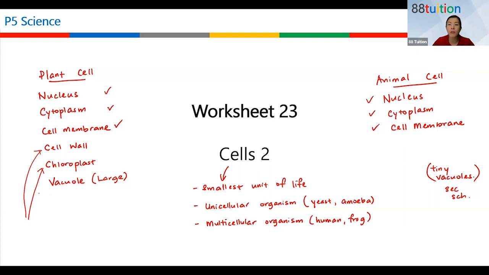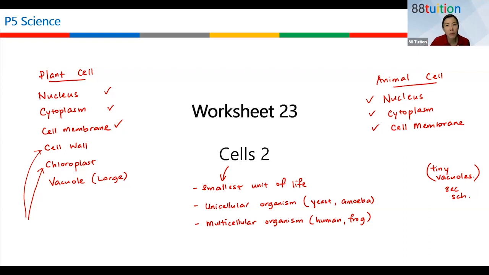So what is so special about the cell wall? Why is the cell wall so important to the plant cell? Okay, I saw your answer there. Be very careful.